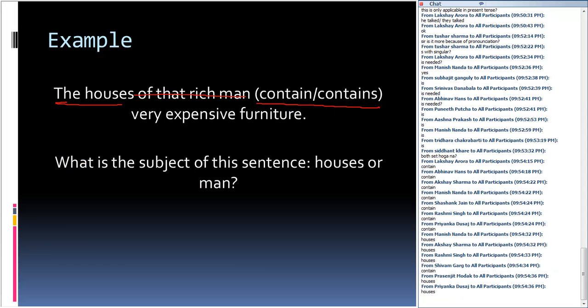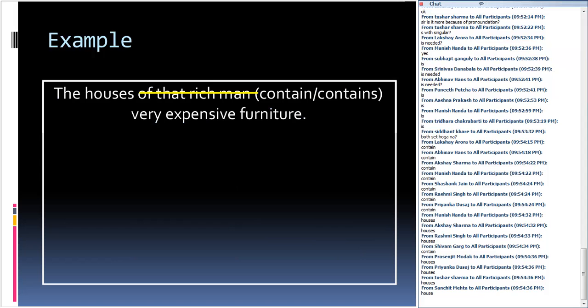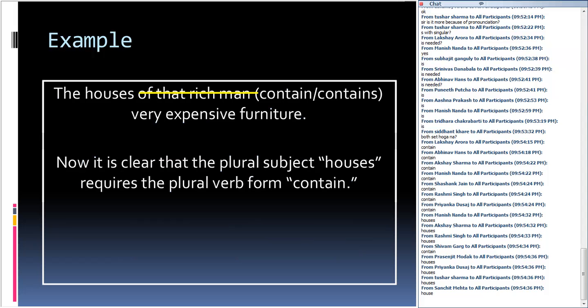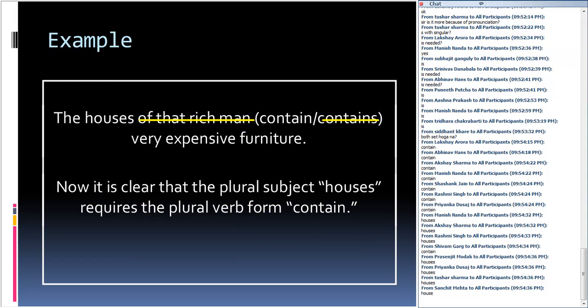So you're talking about the houses, which is plural. So if you eliminate the middleman, that means the extra information, the modifying phrase that separates the subject from the verb, you will come to know that we are actually talking about the houses and not the rich man, which will give you the answer. The houses contain and not contains very expensive furniture because houses is plural.